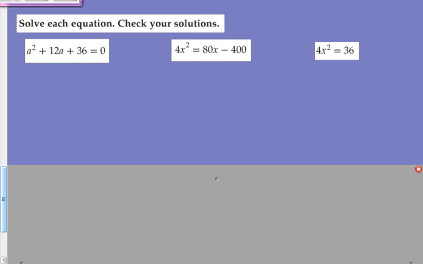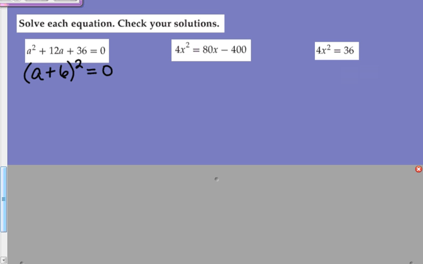The first one here, we have a perfect square here and a perfect square here. This would be a, this would be 6. 6 times a is 6a, doubled would be 12a. So this is a perfect square trinomial. So we're going to go ahead and factor it. It'll be (a plus 6) squared equals 0.